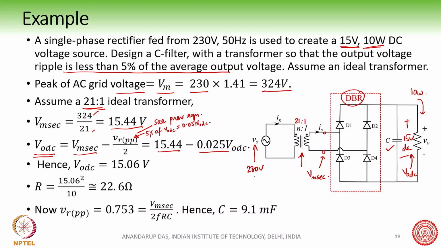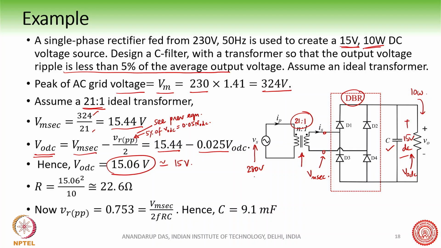Therefore V0 DC is 15.06 volt, which is very close to 15 volt. This is what we targeted. That is why we took a 21:1 transformer.